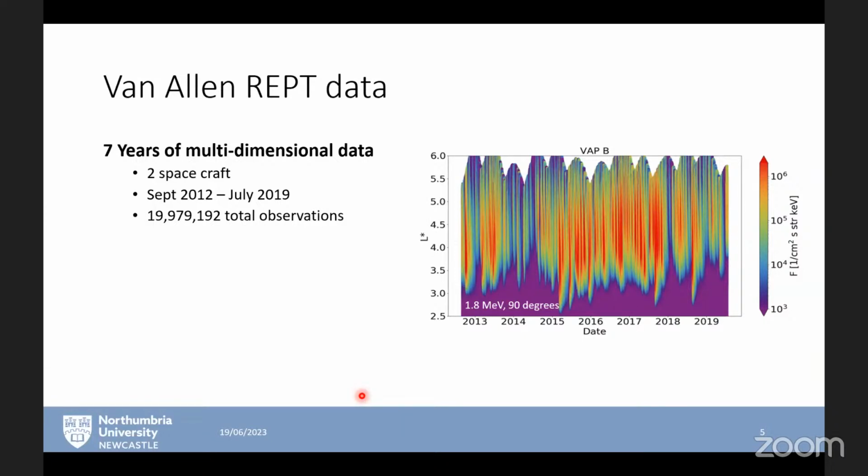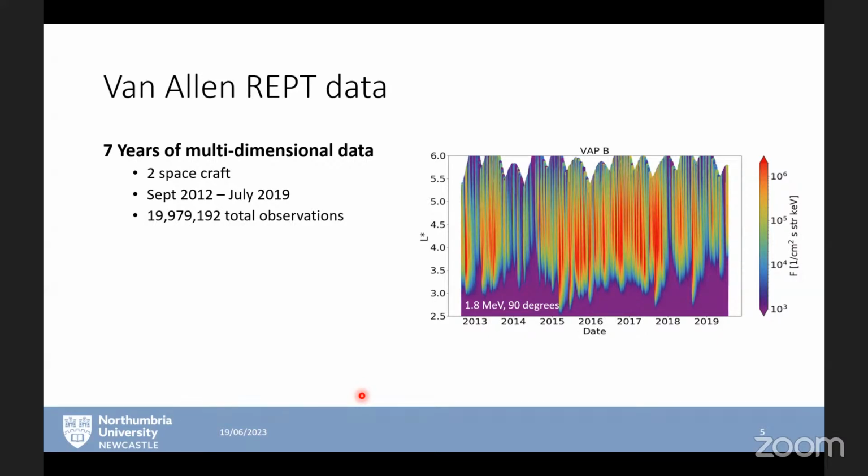So the Van Allen probe mission consists of 2 spacecraft named A and B, which collected flux measurements between September of 2012 to July of 2019 every few minutes, meaning that there are almost 20 million observations in total per probe. Now, even though there are 2 spacecraft, my research only focused on Van Allen probe B.